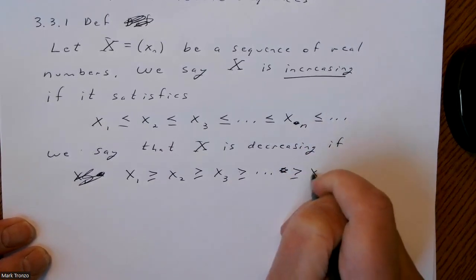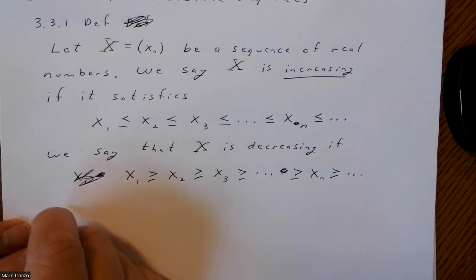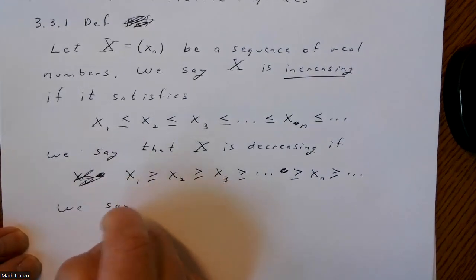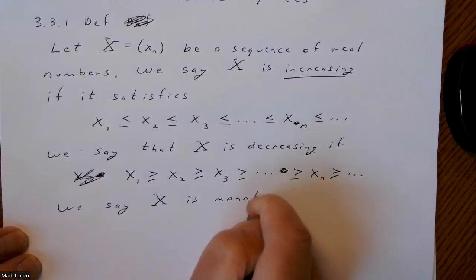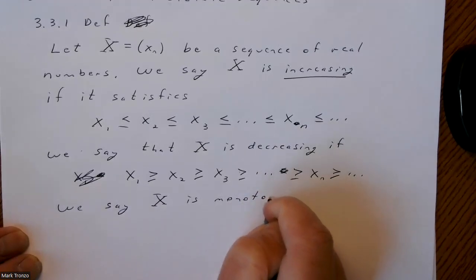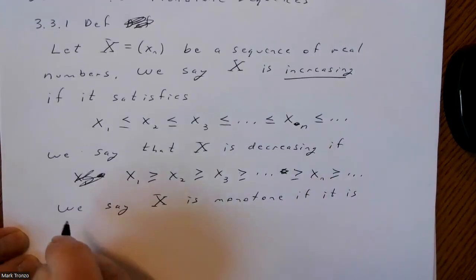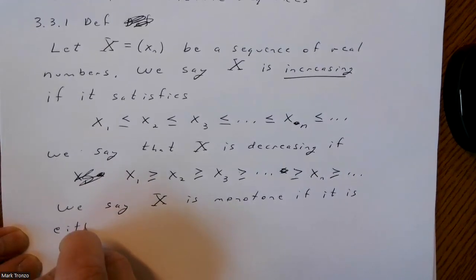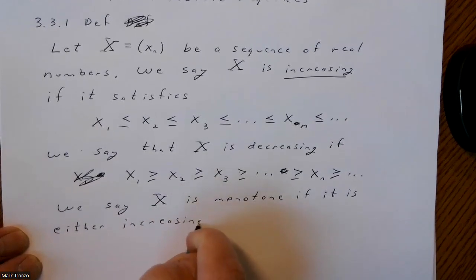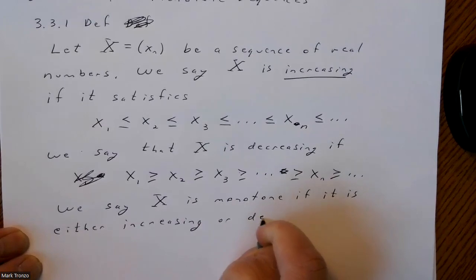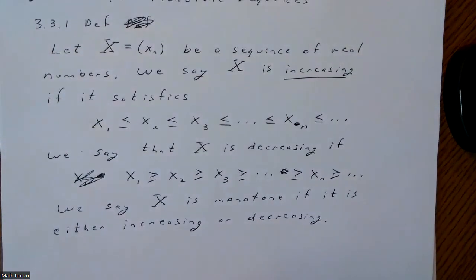People want to do it the wrong way. And then finally, we say X is monotone if it is either increasing or decreasing. It's monotone.